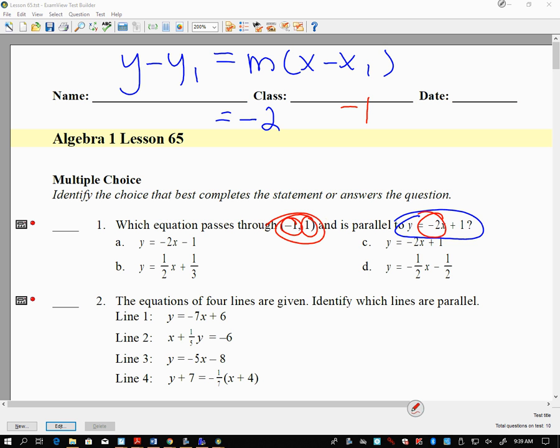I'm going to plug that in for y1. So now I need to finish it. I'm going to do y minus 1 equals -2 times x minus -1, and we're going to solve from there.